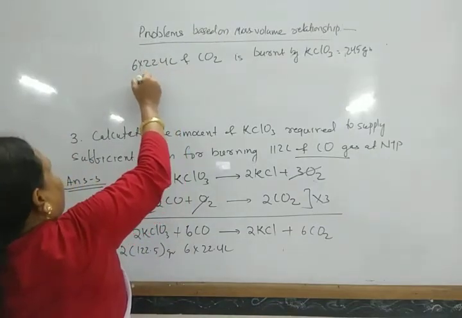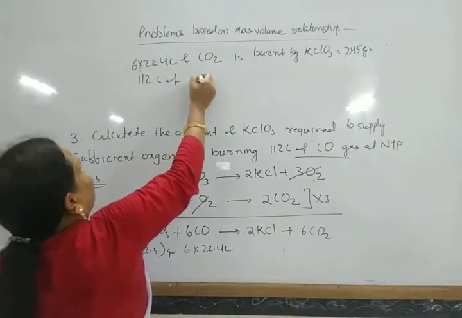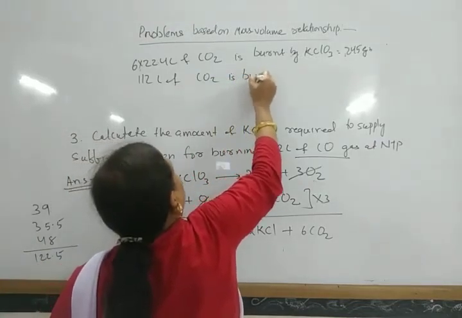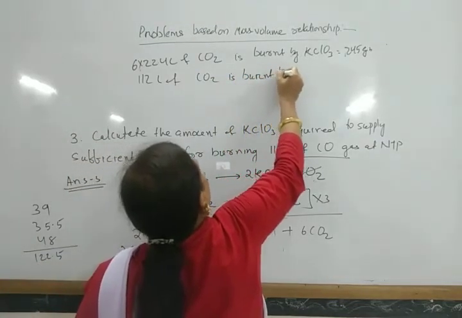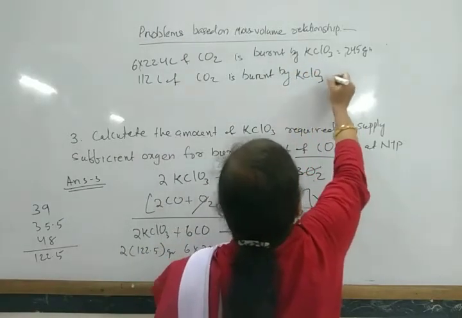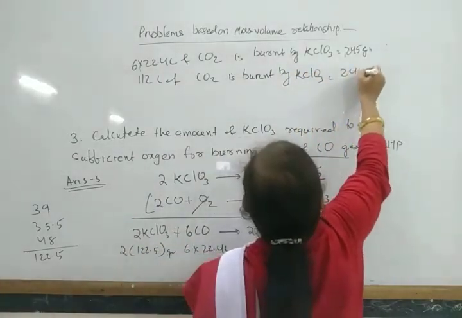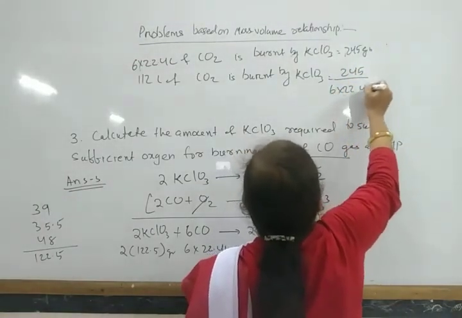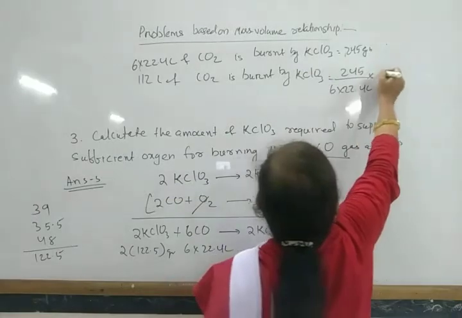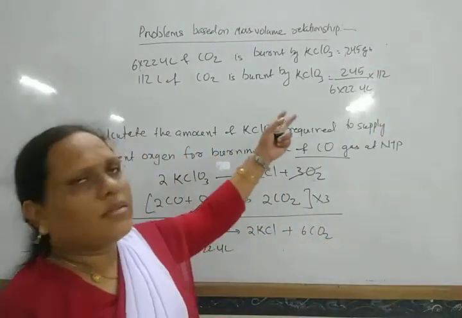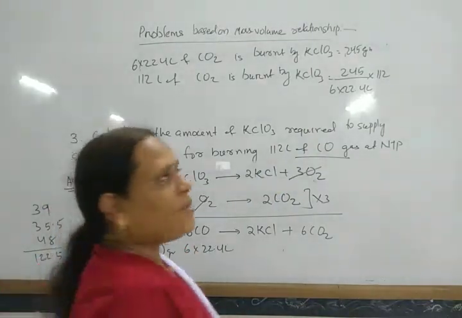Then 112 liter of carbon dioxide is burned by potassium chlorate, that is equal to 245 by 6 into 22.4 liter, then multiplied by 112 liter. So solve this, very easy to solve.